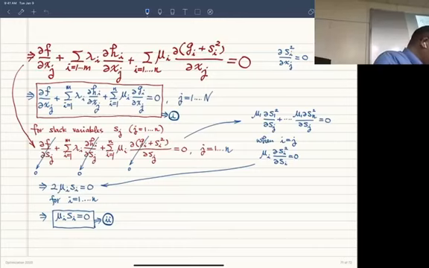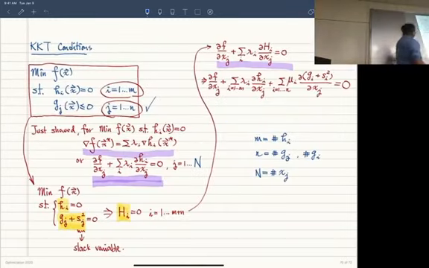Actually, the second one doesn't help us. Sorry, why does it not help us? Because we don't care about slack variables. At the beginning, there are no slack variables. We derived some rules about our slack variables, but if we never had those transformations in the original problem, we have no slack variables.